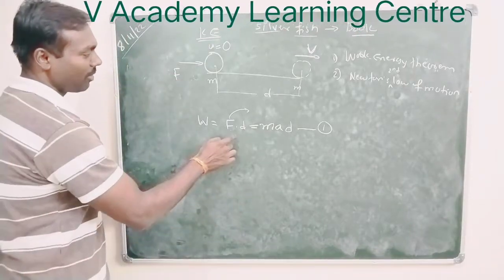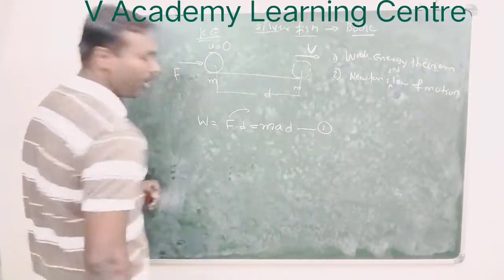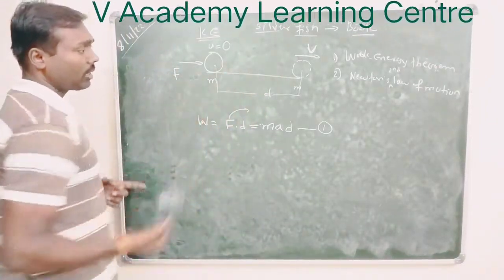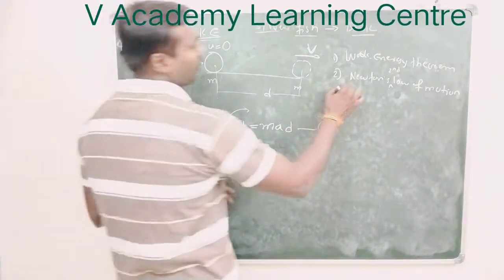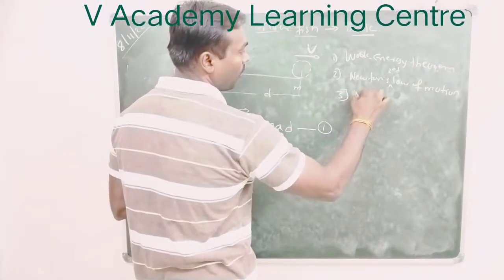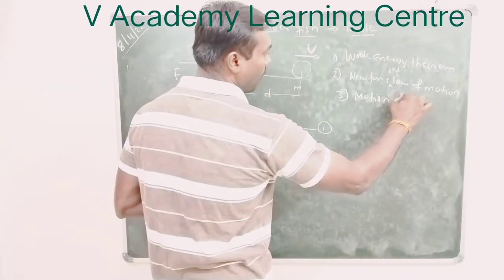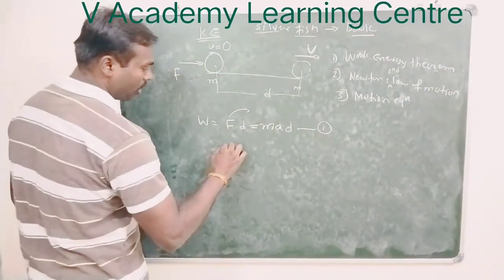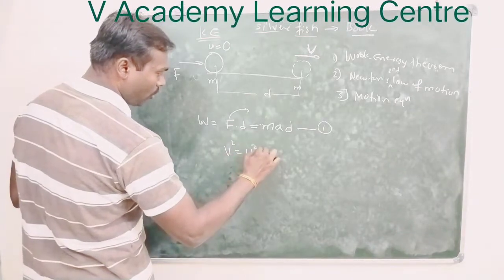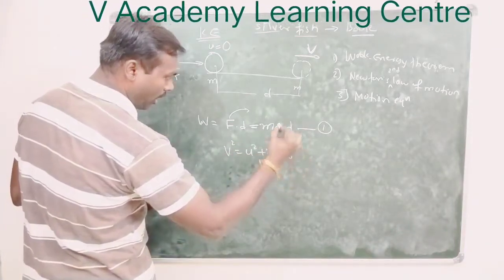So, work done is mad. But next, we know the third equation of motion: v square equals u square plus 2as.